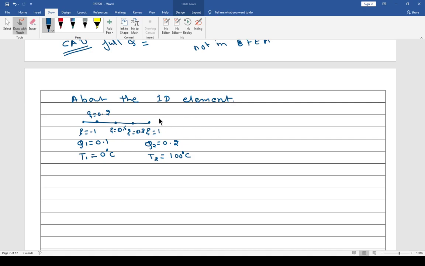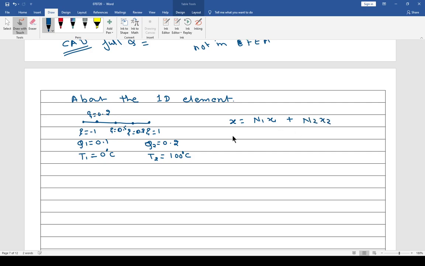So we are going to study a few things about this element. We know it is an isoparametric formulation, that we are very well aware of. So isoparametric formulation means what? My coordinate system x is equal to N1 x1 plus N2 x2.